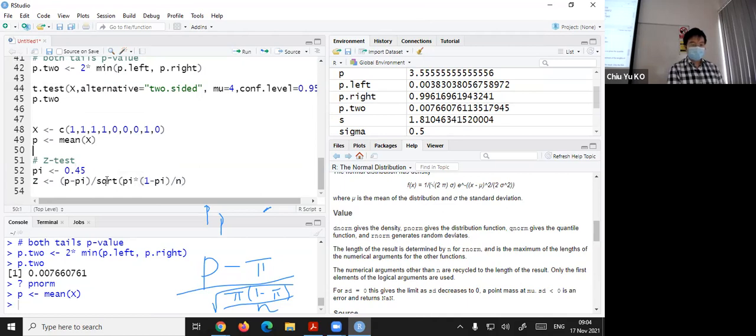So pi is our hypothesis, I don't know, 0.45, say. N we haven't defined yet. N is the length of X.